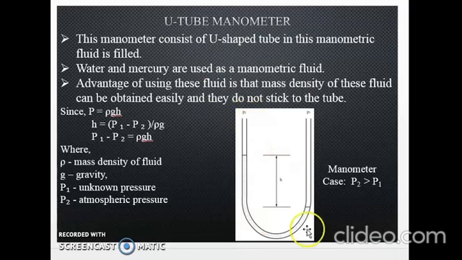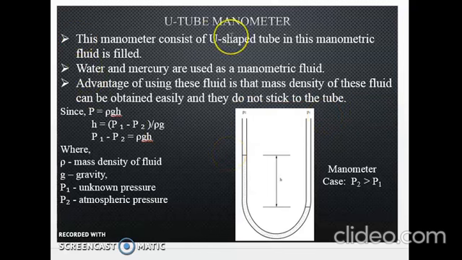We can either keep one leg of the manometer open to atmosphere, or we can connect it to the second point of application in a single line or multiple lines. And the other leg is already connected to the pressure measuring point where we need to measure the pressure. So P2 can be atmospheric and P1 can be the actual point of measurement.